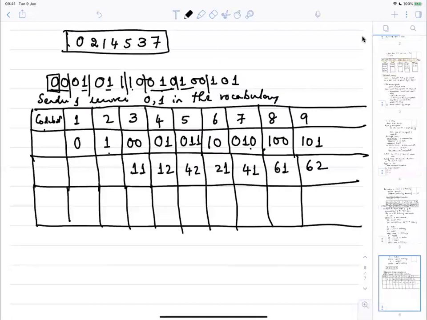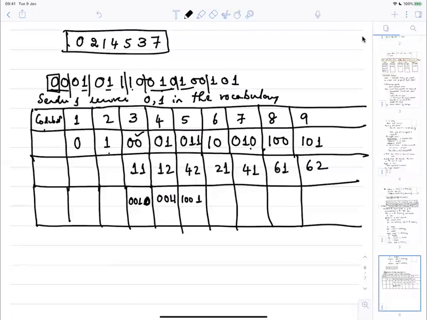So we say this is 0, 0, 1 followed by 0. This symbol, and this is 0, 0, 1 followed by 1. And this is 4, right? 4 is 1, 0, 0 followed by 2, which is the symbol 1.